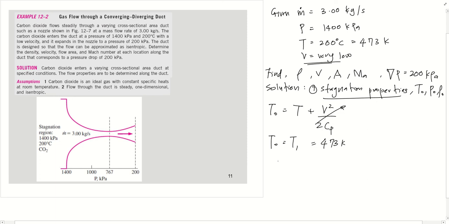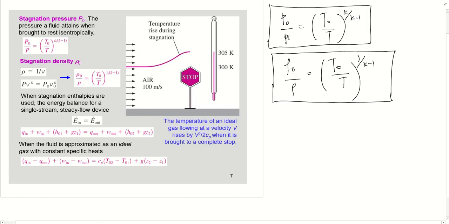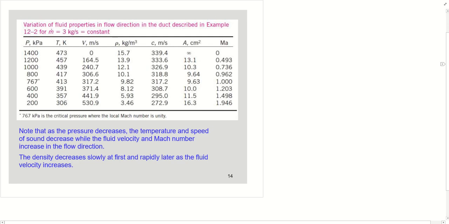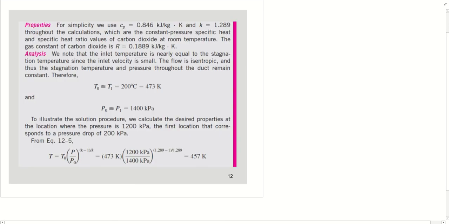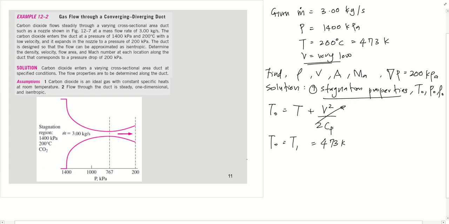For the stagnation pressure P0, using the previous equation, P0 over P equals T0 over T to the power of k over k minus 1.